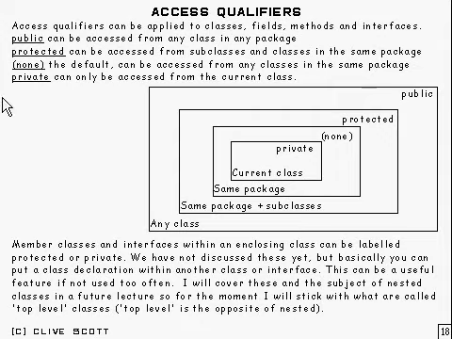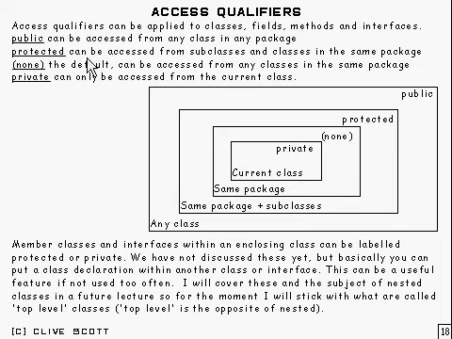Before we go any further, we have to discuss something called access qualifiers, and these are applied to classes, fields, methods, and interfaces. Now there's four types. Public, which means that whatever you qualified can be accessed from any class in any package.